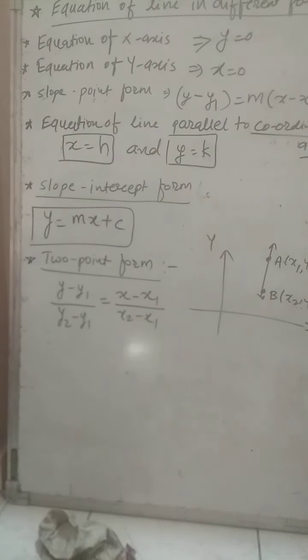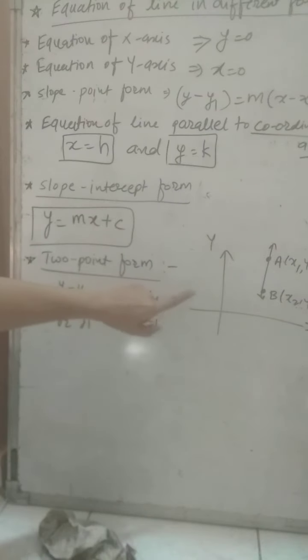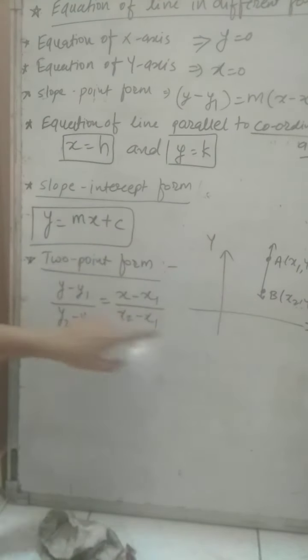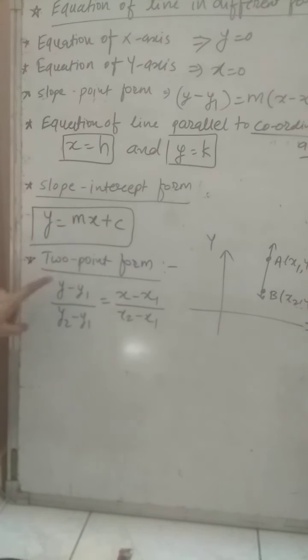Next important form is two-point form. It means the equation of a line passing through two points A(x1, y1) and B(x2, y2). So what is the formula? (y minus y1) upon (y2 minus y1) equal to (x minus x1) upon (x2 minus x1).